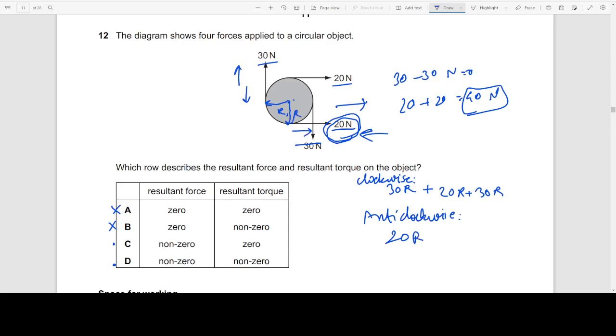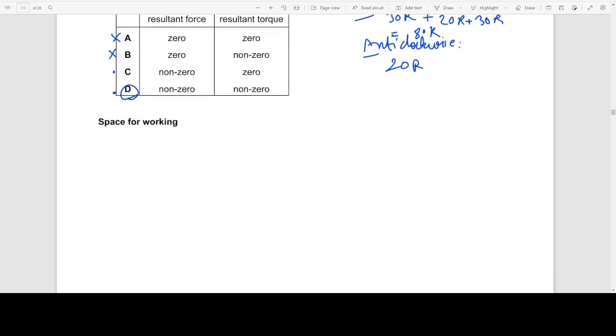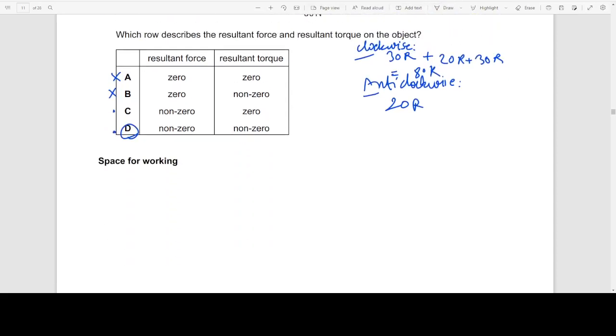It's 20R. So do you think clockwise and anticlockwise moments are balanced? Of course not. This is equal to 30, 20, 50, 80R. So the answer is just going to be D. Non-zero resultant torque and non-zero resultant force.